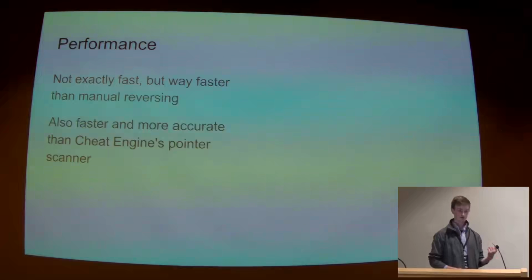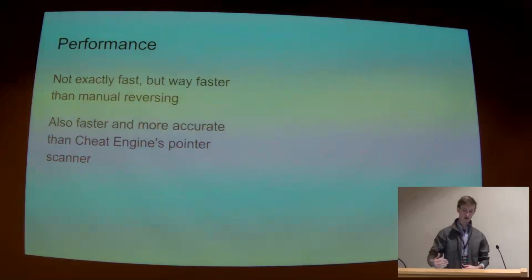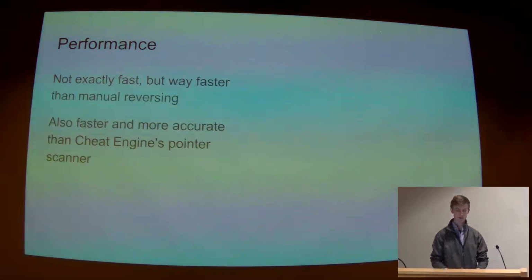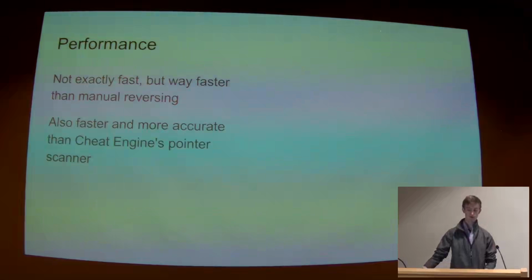So it might jump down 5 levels of dereferencing, and each time try offsets of up to 2048 or something like that. It's going to do a lot of brute forcing, and hopefully one of those chains is going to end up, by chance, pointing to the address that you're interested in. So that's Cheat Engine's approach.